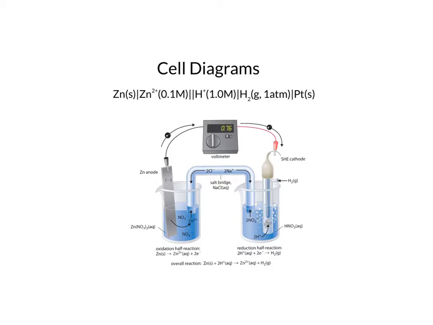If we just transfer electrons merrily along our way, this side will become more positive and this side will become more negative, because we're transferring electrons over to here and taking electrons away from here. And if we have a charge differential, pretty soon the electrons are going to stop flowing, because there's too much negative charge over here and the electrons are going to be repelled from that negative charge. So we need a way to balance out the charge, and we use what's called a salt bridge. The salt bridge is filled with an electrolyte.